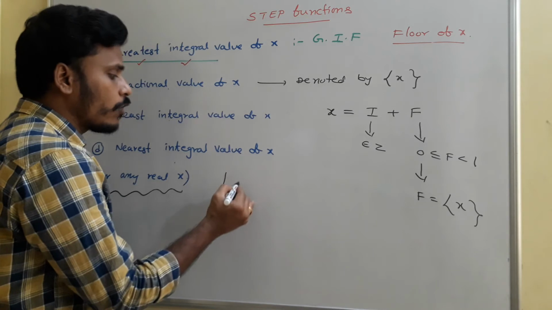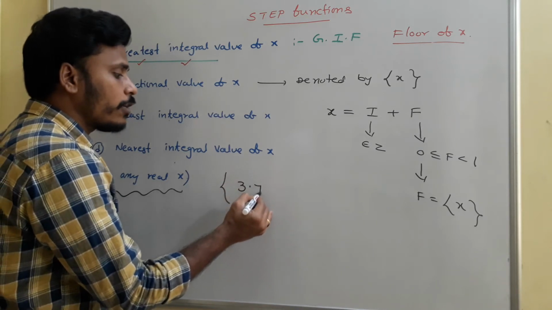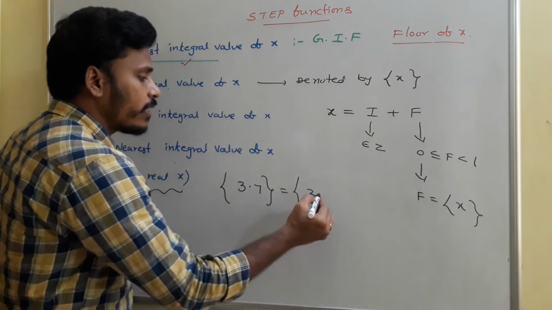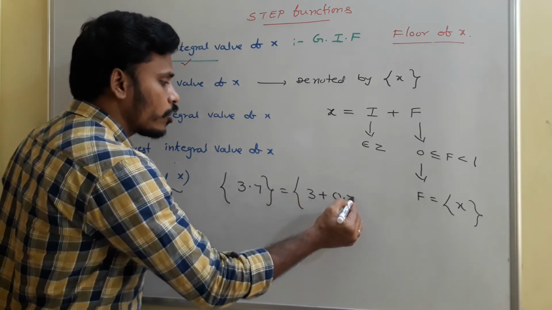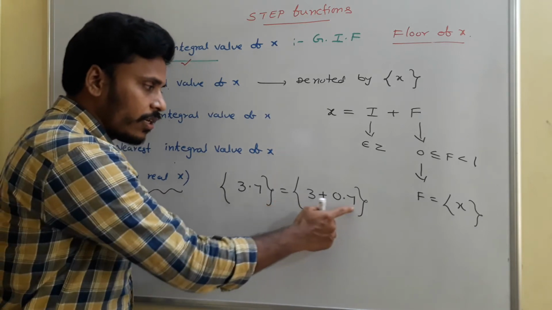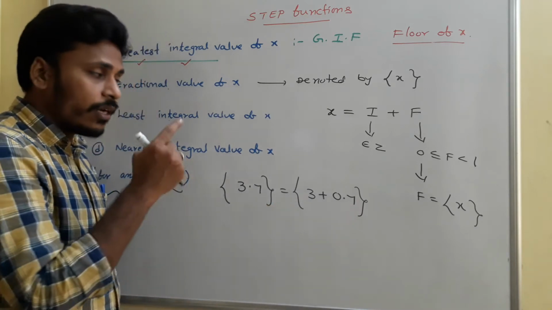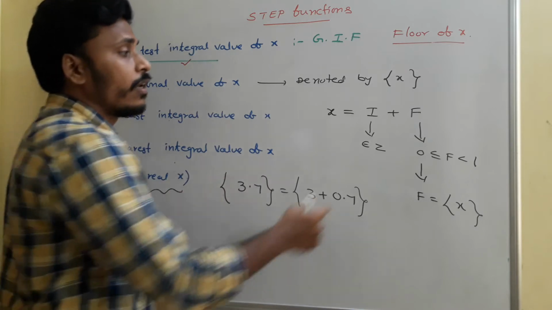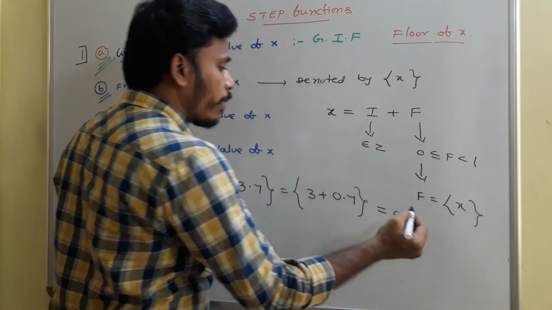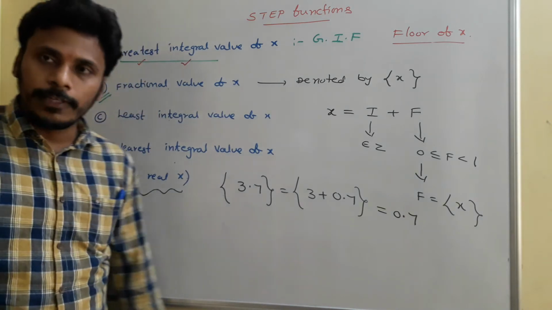Suppose I am giving you some examples. If you have 3.7, I will write this 3.7 as 3 plus 0.7. This 3 is the integer, and that 0.7 is a number in between 0 and 1, and that's why its fractional part value is 0.7.